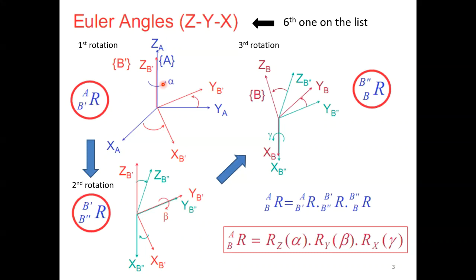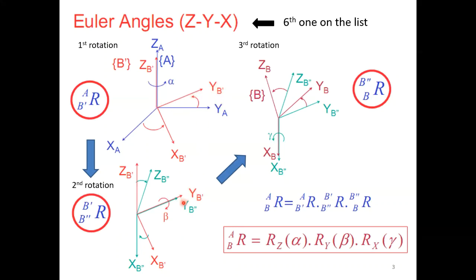And after that, a second rotation comes in. And this time we rotate around what? Around the y-axis, okay? Because ZYX is the sequence. Now it is not the previous y, but the new y, YB dash, the red one.